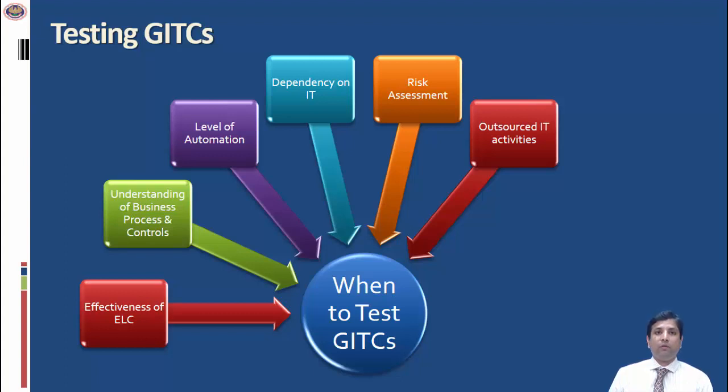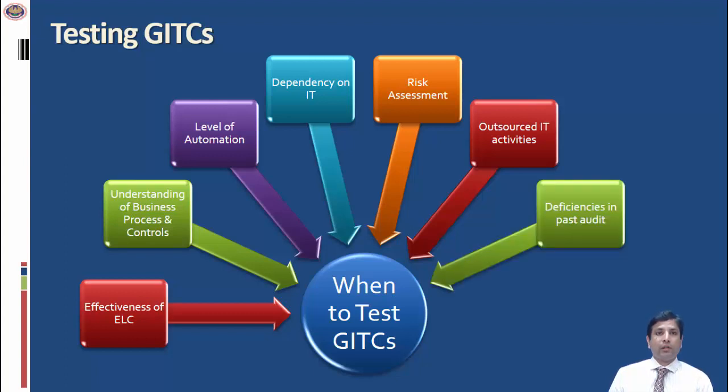For this purpose, we may even want to call for a report of the effectiveness of controls at the outsourced service provider. All this would require a lot of planning and follow-up. So we should plan our test of ITGCs earlier in the day when there are several activities which are outsourced.